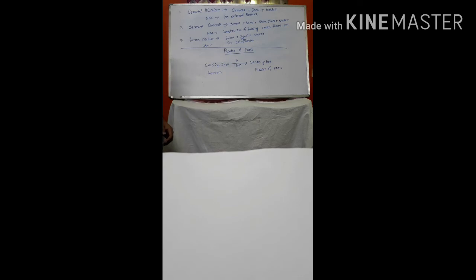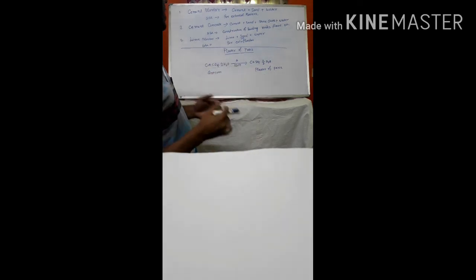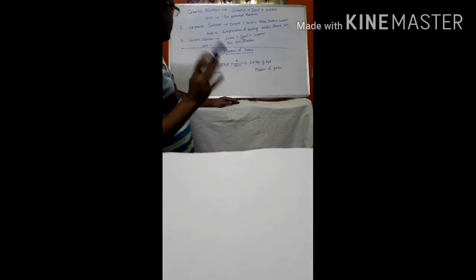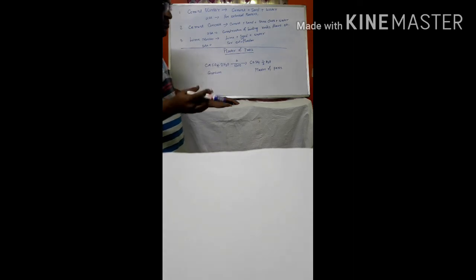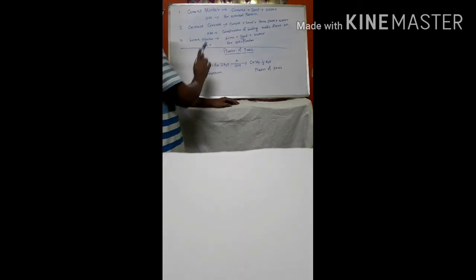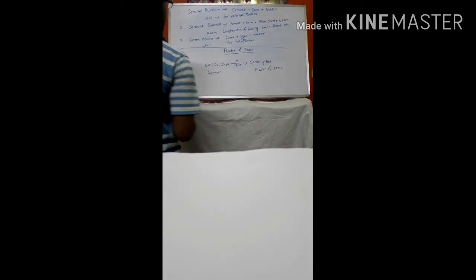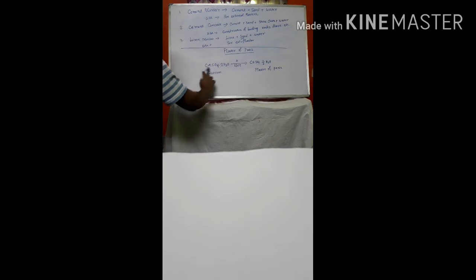Now the important topic is plaster of Paris. What is plaster of Paris, or how would you obtain plaster of Paris? From gypsum. If the question is so, then the answer is: when gypsum is heated at 120 degrees centigrade, this is the formula of gypsum: CaSO4, calcium sulfate, and 2 molecules of water, 2H2O.